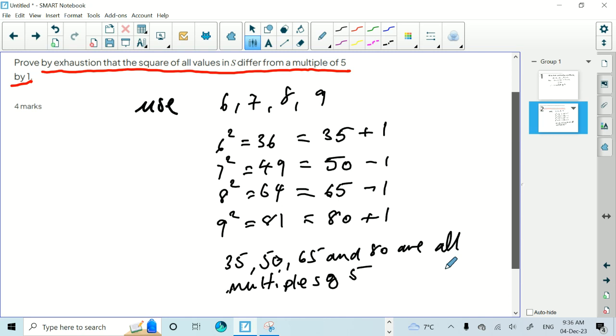So by exhaustion, the square of all values in S differ from a multiple of 5 by 1.